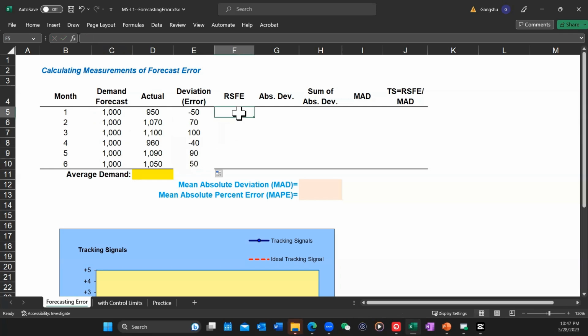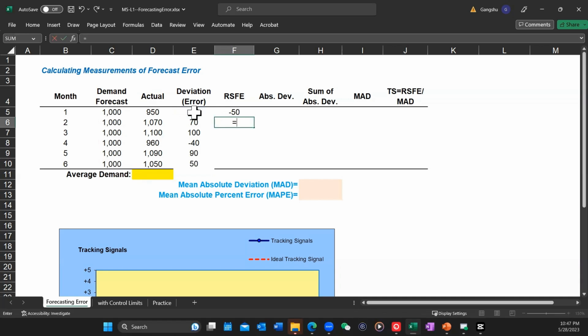The running sum of forecast error is to sum the deviation of all previous months. For the first data point, we have only 1 month, and it will be equal to month 1 deviation.